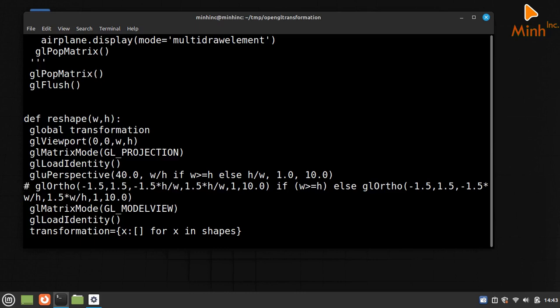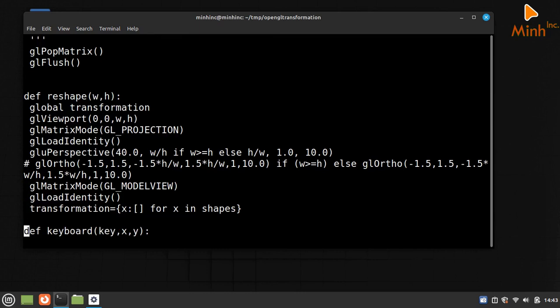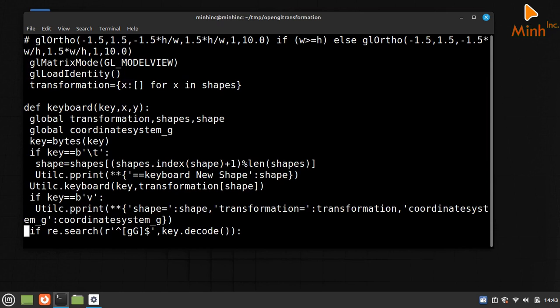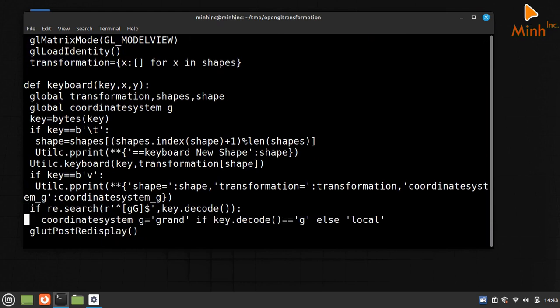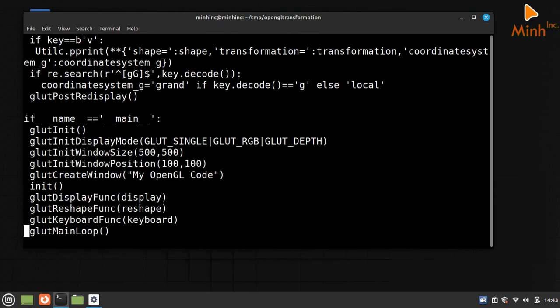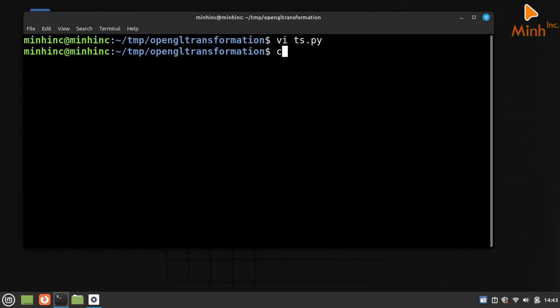Okay, so we still will use GL perspective and keyboard and everything is all right. Okay, so we'll introduce a function.